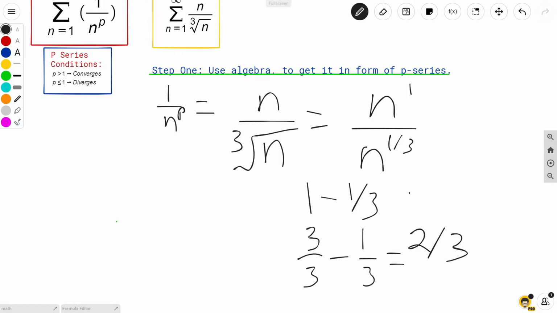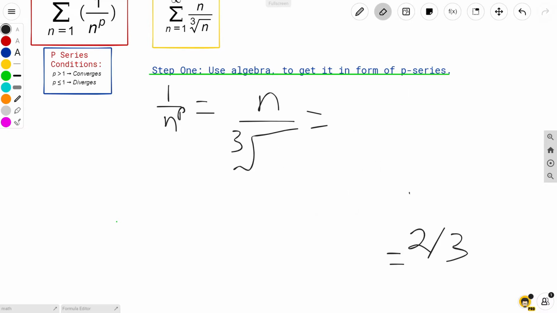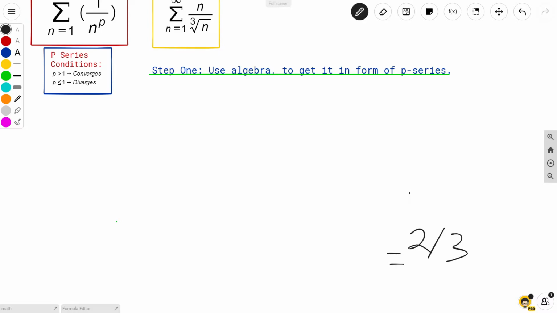So that's our function. Let me clear out space to rewrite this. I'm going to keep the 2/3 because that's what our p is. Simplifying this, we get the series as n starts from 1 and approaches infinity of n raised to 2 over 3.